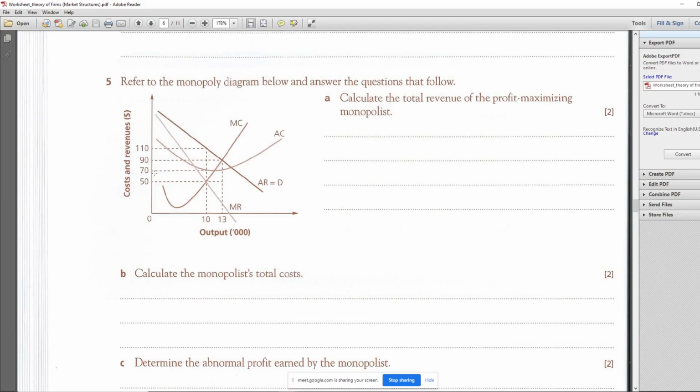The total cost will be using 70 multiplied by 10, or 10,000. Which will give you 700,000 dollars of total cost. Yeah, that's correct. That's good, right? So it will be the area of here. That's your total cost, right?